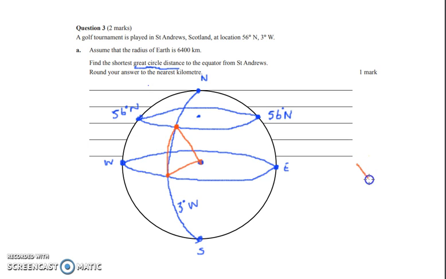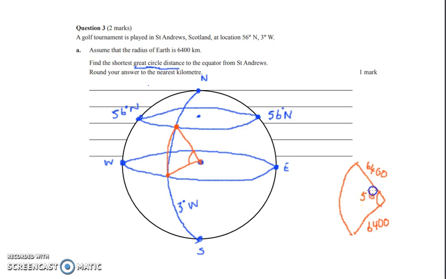So let's remove that out of the picture. We've got our radius of 6,400 on both of them. The angle that we're looking at right here is the 56 degrees north, because we're at the equator and we've gone 56 degrees north.